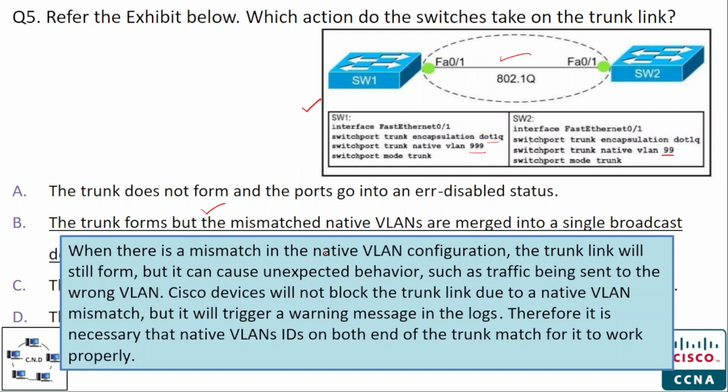When there is a mismatch in the native VLAN configuration, the trunk will still form, but it can cause unexpected behavior such as traffic being sent to the wrong VLAN. Cisco devices will not block the trunk link due to a native VLAN mismatch, but it will trigger a warning message in the logs. Therefore, it is necessary that the native VLAN IDs on both ends of the trunk match for it to work properly.